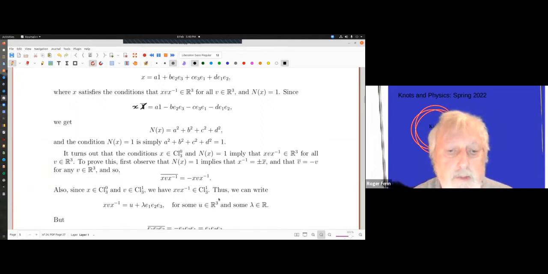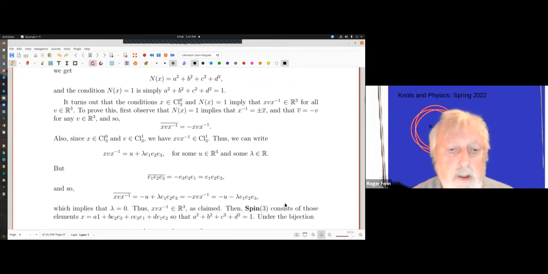So the general element of these, okay, I think we're going to prove that this lambda is 0.